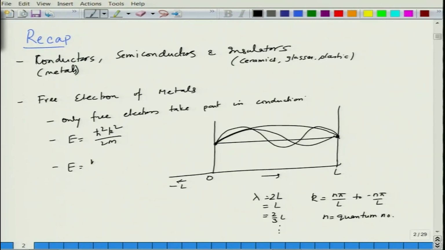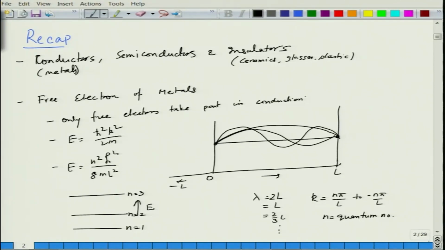The energy gets quantized in the form of n square h square divided by 8 m L square. The quantized energy levels look like this as you go up: n is equal to 1, n is equal to 2, n is equal to 3. At the same quantum state you can have 2 electrons, but with opposing spins, okay. So this is what we did in the last class.